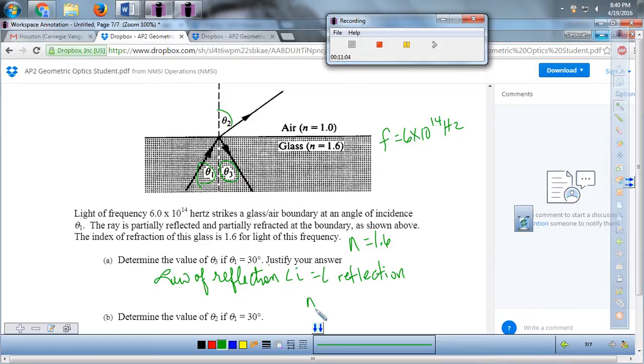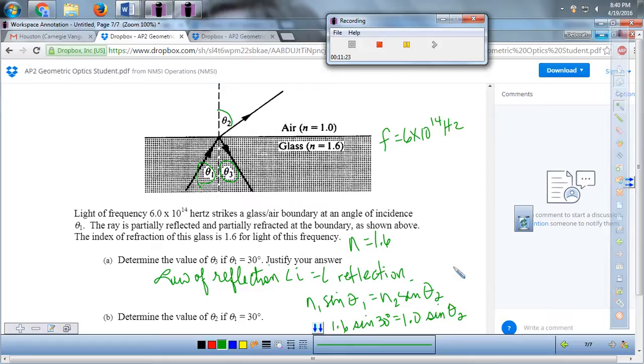So N1 sine theta 1 equals N2 sine theta 2. So N1 is my glass, sine of 30. N2 is my air, sine of theta 2. So when I popped all that into my calculator, I got a lovely value.